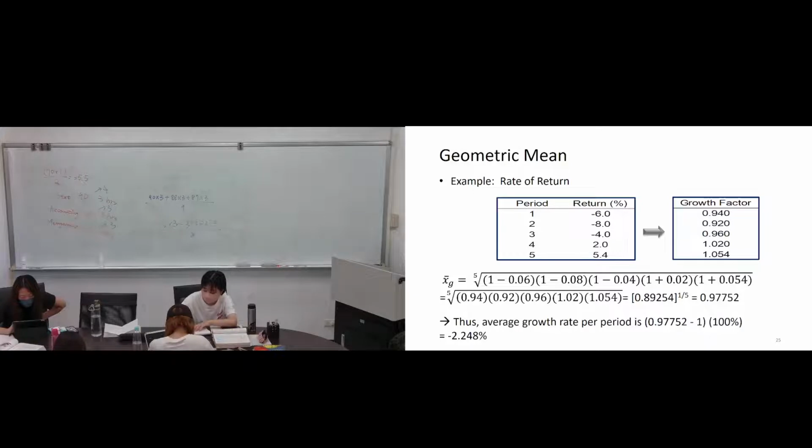So again, given the rate of return for each of the periods, first we find the growth factor and then multiply them together, and then take the 5th root. That's the geometric mean. But in order for us to find the average growth rate per period, per year, we deduct 1 from that and multiply it by 100%.